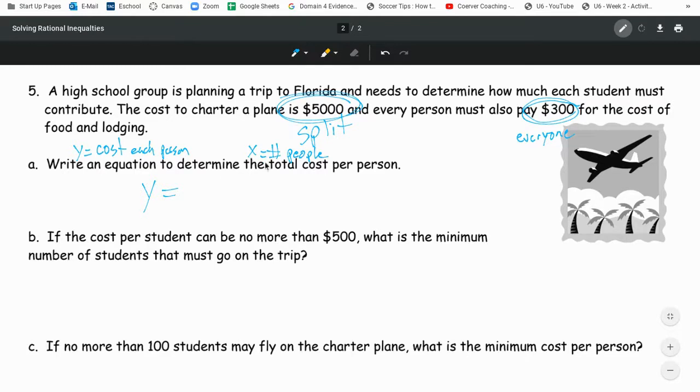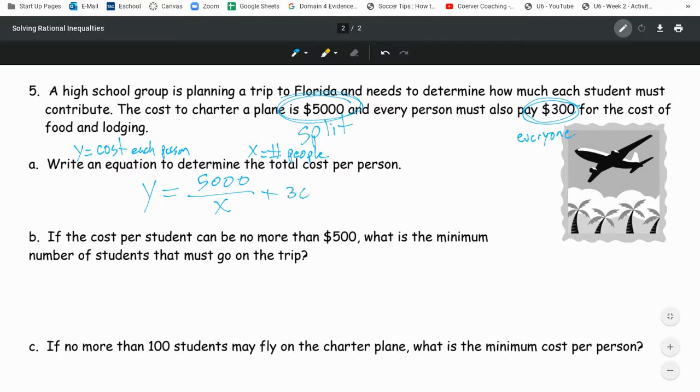So if x represents the number of people going, y represents the cost. So the cost of each person is going to equal the $5,000 divided by how many people are going, plus the 300. Okay. And so now we're kind of putting our rationals to work here.